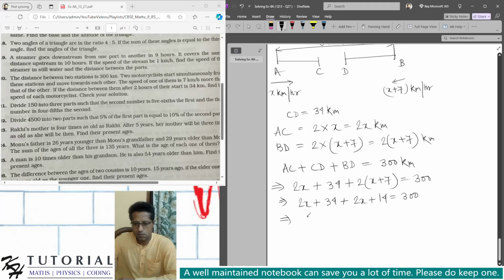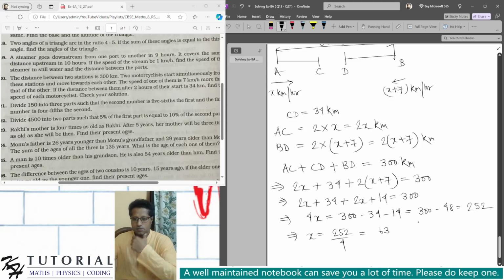This implies 4x is equal to 300 minus 34 minus 14, which is 300 minus 48, which is 252. So x is equal to 252 divided by 4, which is 63.